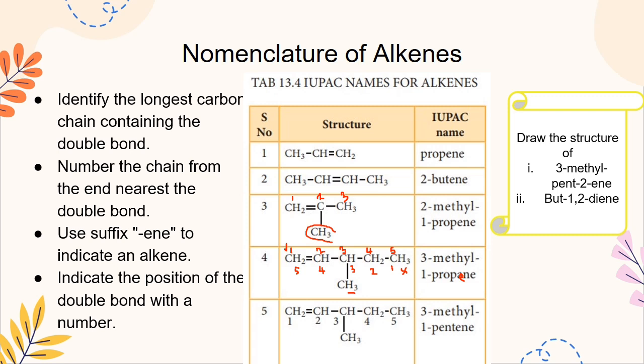Now draw the structure of 3-methylpent-2-ene. Note that the 2-ene tells you the position of the double bond. The second question says draw the structure of buta-1,2-diene.